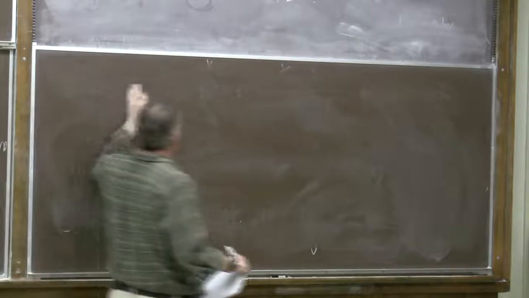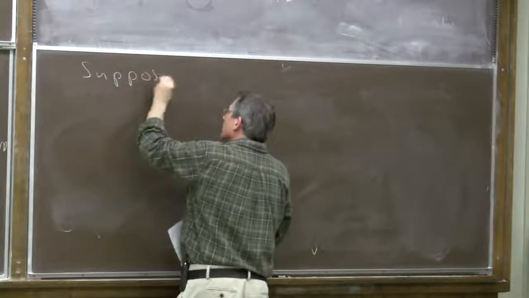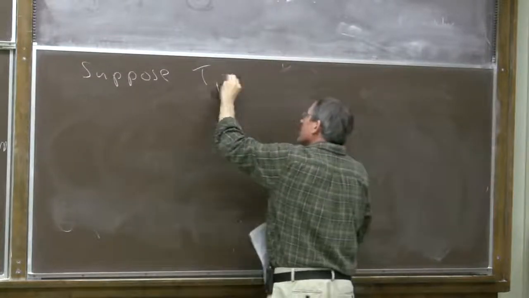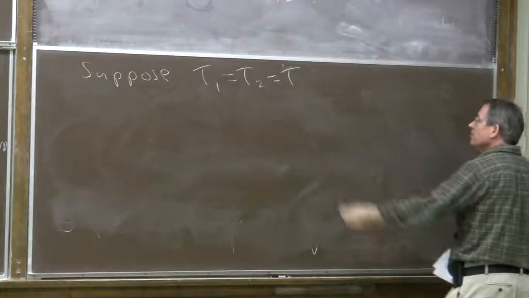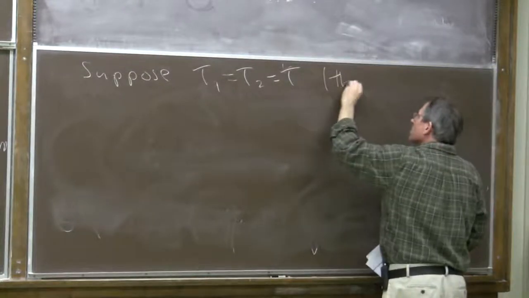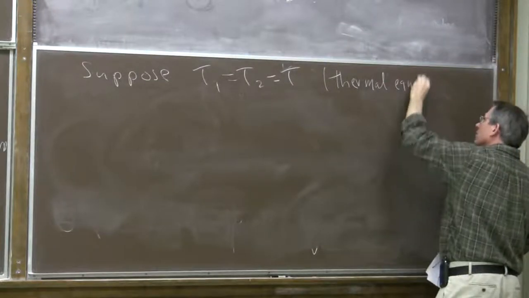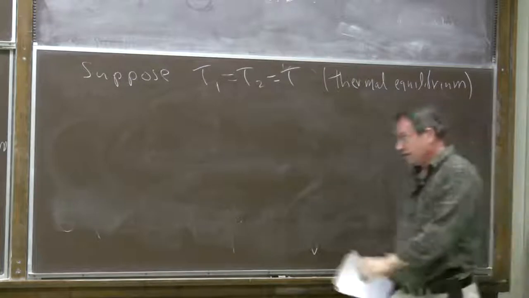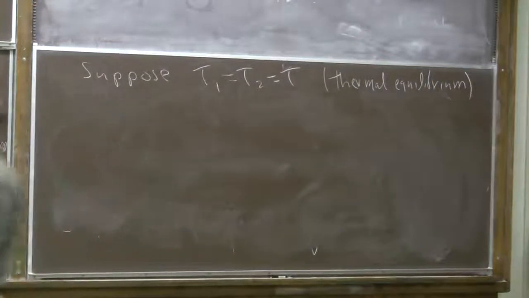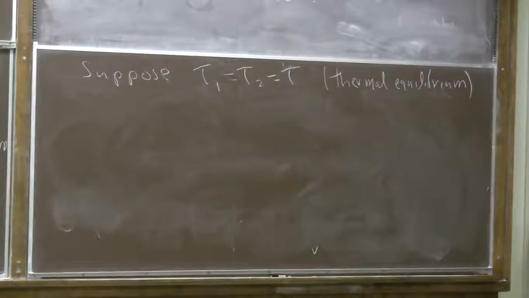Well, suppose I call tau the common temperature of 1 and 2. So the two systems are thermally equilibrated. And then I bring the two systems into diffusive contact, so now particles can flow as well.